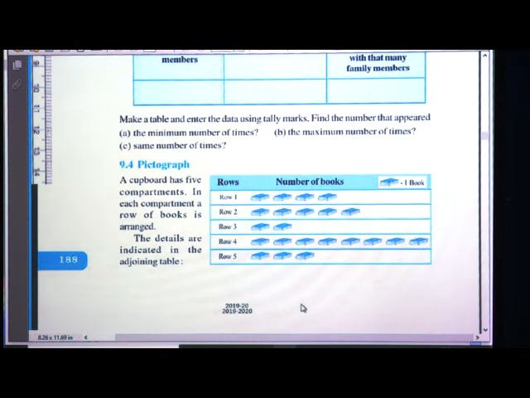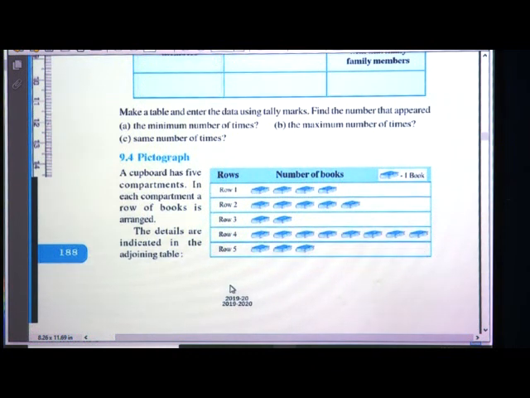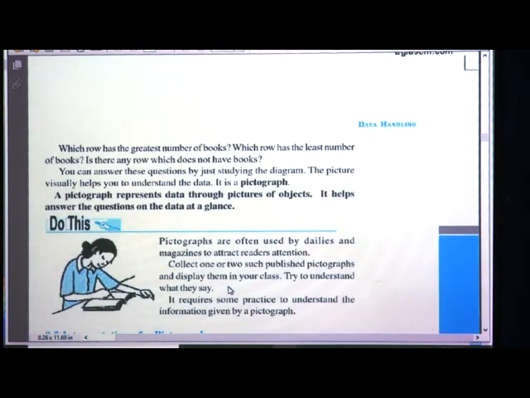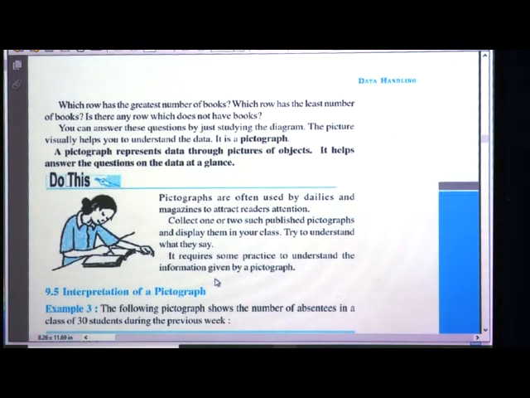So, in this way we can visually find out the greatest number of books and the least number of books. Yes. So, the picture visually helps you to understand the data. It is a pictograph. A pictograph represents data through pictures of objects. It helps answer the questions on the data at a glance.